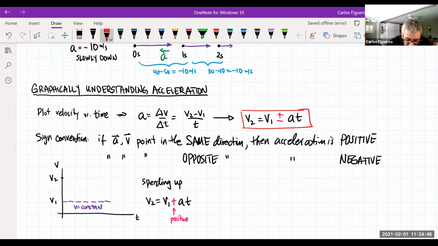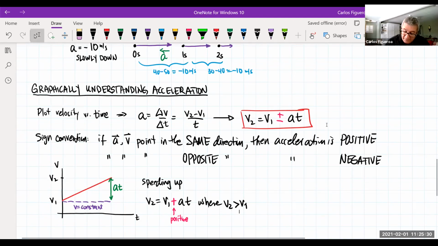So if I come over here and I plot this thing here, if I move along a linear line, what you're seeing here is that I went to a higher velocity. And the reason why I went to a higher velocity is that there was a height change of what? AT. It increased it by a positive value right here. And that's what that AT value is. So where V2 is greater than V1, that's what we mean by speeding up. It's that AT term that actually does that.